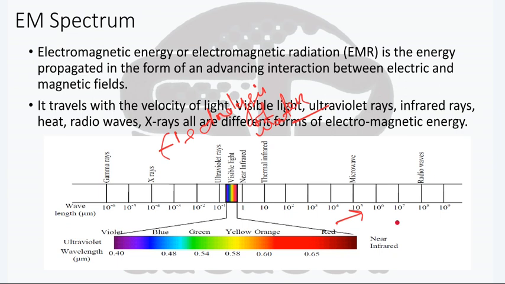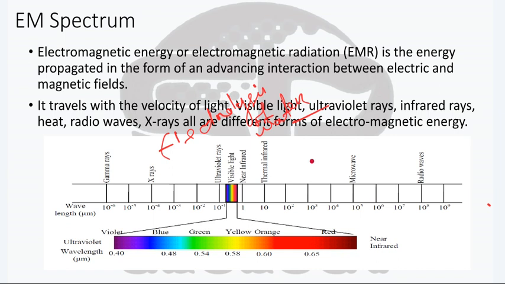So red light can be seen from a long distance. Why? Because it has longer wavelength than other lights. So it can be seen from a distance. Okay, so this is the visible light.